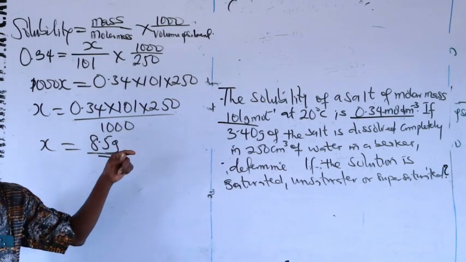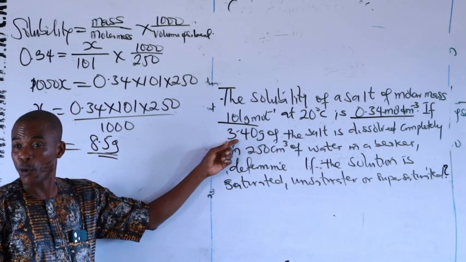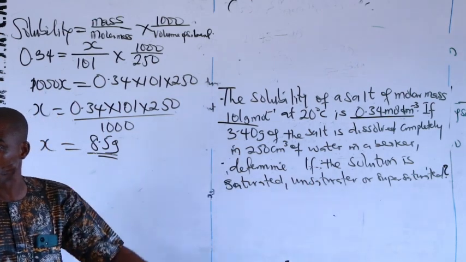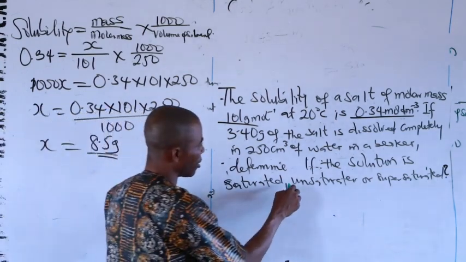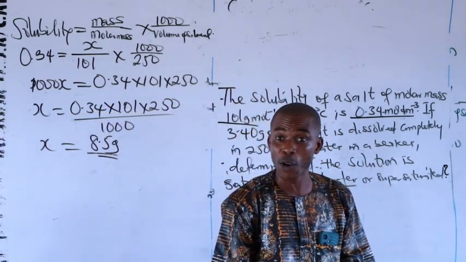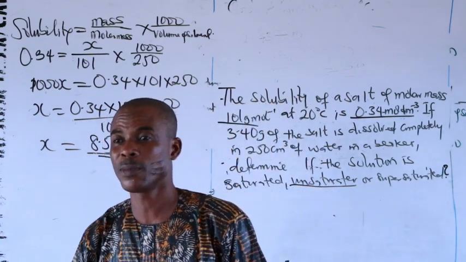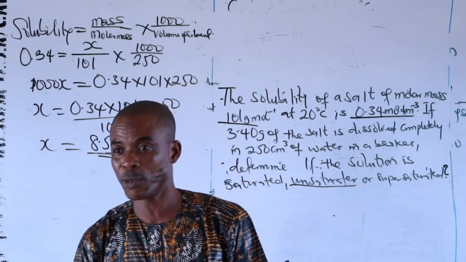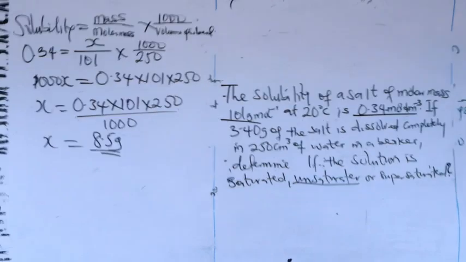How much mass of the solute did we dissolve? 3.4. Is the solution saturated or unsaturated? The solution is what? Unsaturated. That means the solution is unsaturated because you have dissolved less than the required amount of salt in 250 centimeter cube of solution. So the solution is unsaturated.